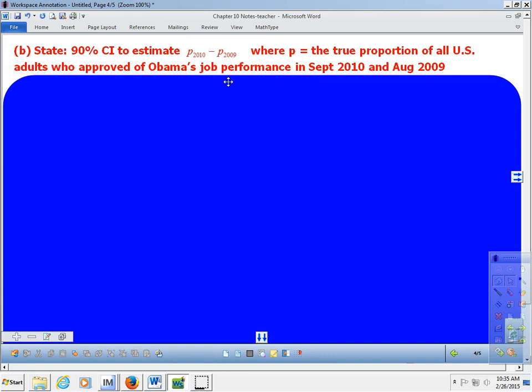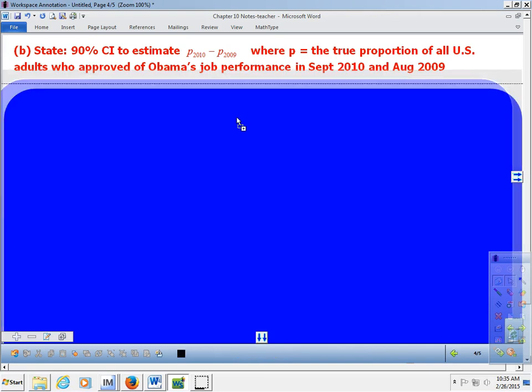Okay? And then we have to define what P is. We've got to let everyone know what P is, because they may not have the background information. You're going to file a report based on your findings, and so you've got to tell everybody what P stands for. And here, P is the true proportion of all U.S. adults who approved of Obama's job performance in September 2010 and August 2009.